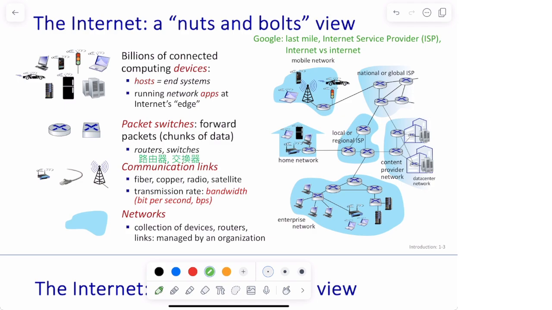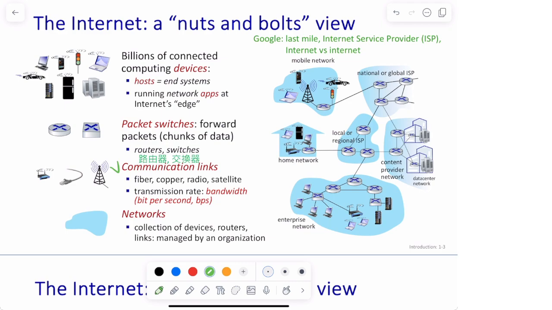The second thing is the communication links. Those devices need a communication link so they can attach to the network, right? There are several different types of communication links, for example, fiber, copper, radio, satellite.